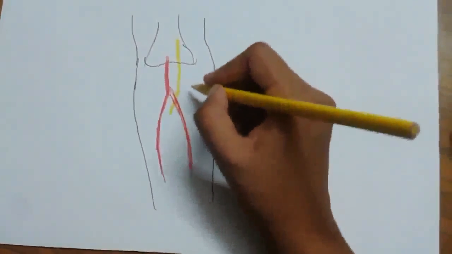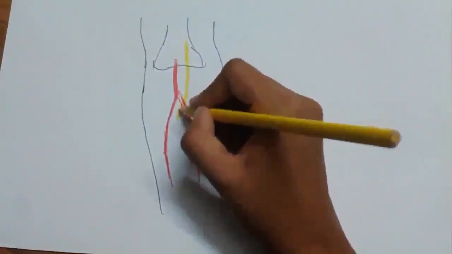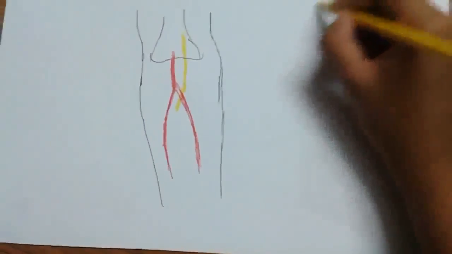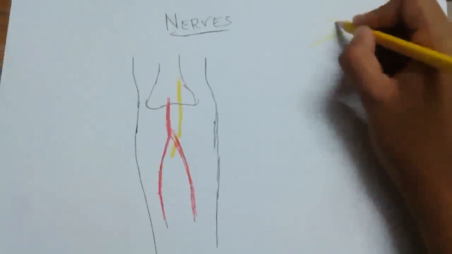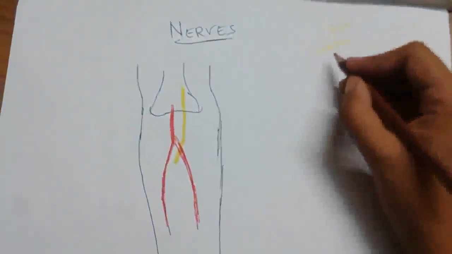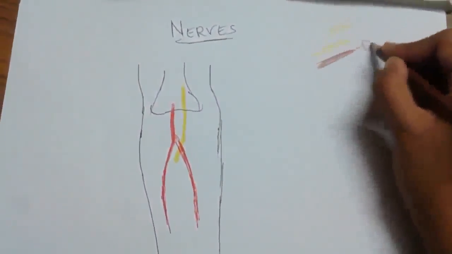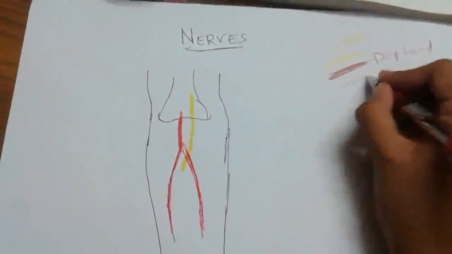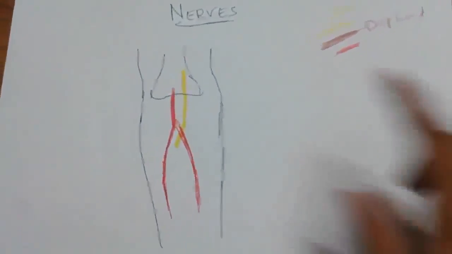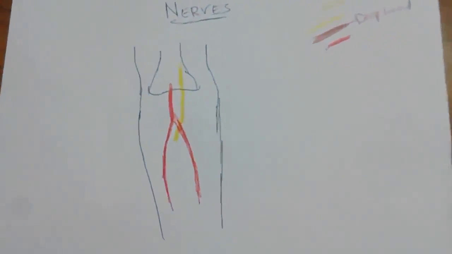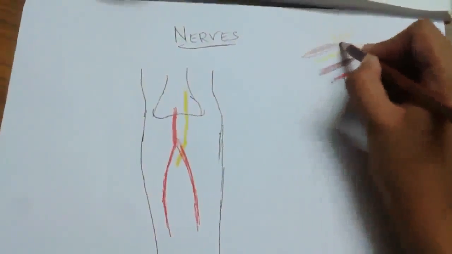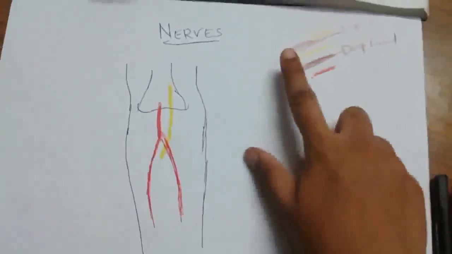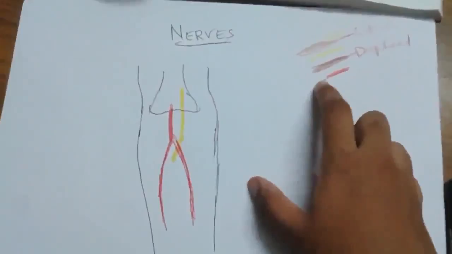Now it is separated from the ulnar artery by the deep head of pronator teres. That means if this is the median nerve, there will be the deep head of pronator teres, and then the ulnar artery. If you see the cross section, it will be like this, and above there will be the superficial head. So it passes between the two heads of pronator teres, the superficial head and the deep head.